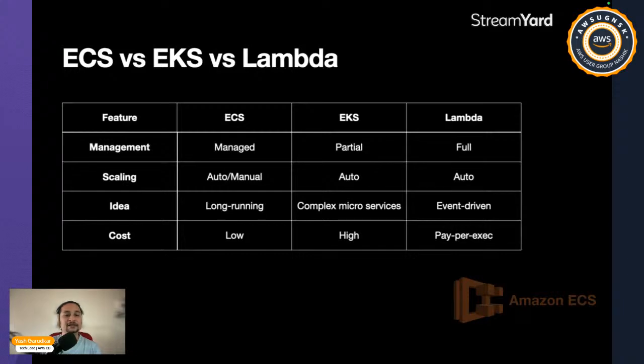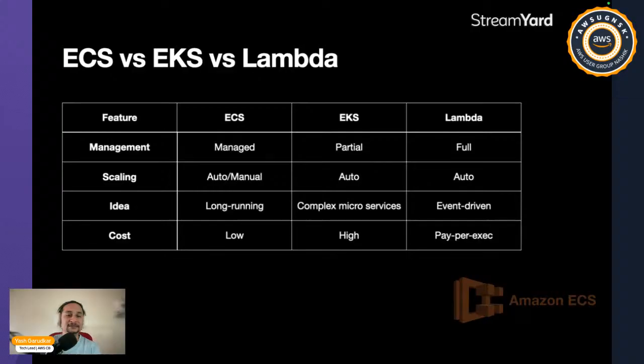The idea for ECS is for long running applications. If I have something that is continuously running for a longer period of time, that is when you turn towards ECS. EKS is for complex microservices. So you have small containers which are scaled by EKS, and you have some complex data in your microservices. That is when you should turn towards EKS.